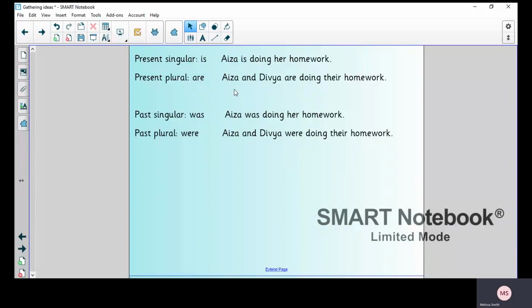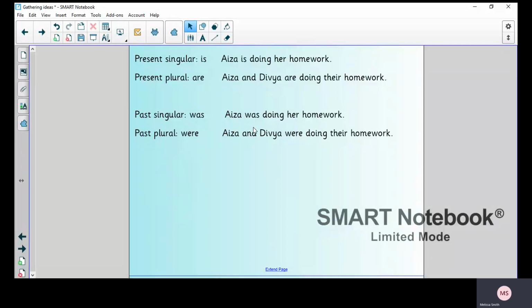And in this example here, Isa and Divya are doing their homework. We use are because we have two nouns, therefore it is plural, and it is in the present tense. Isa was doing her homework. Why do we use was?